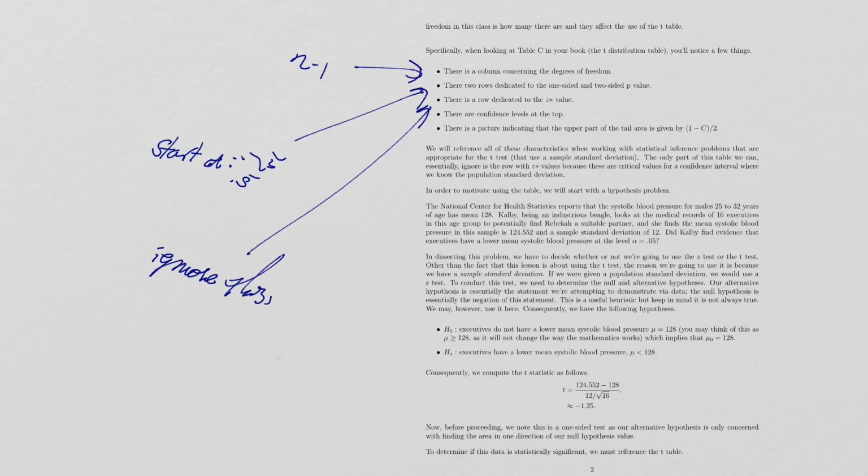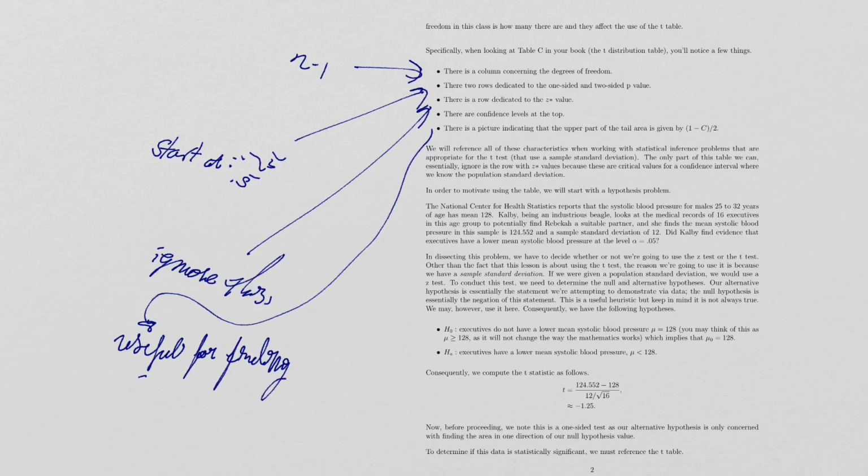We have the confidence levels on top. This is going to be useful for finding t star for confidence intervals, just abbreviated with that CI.